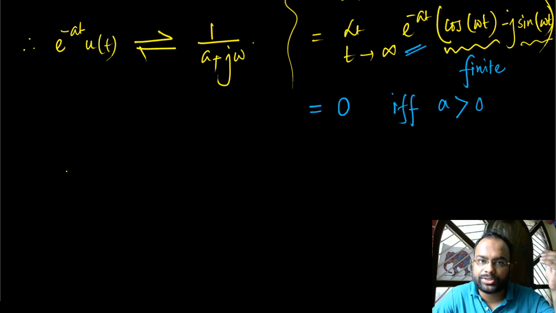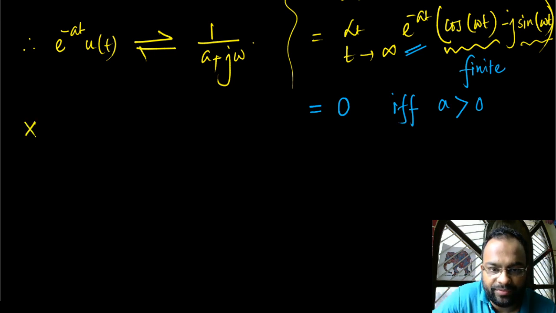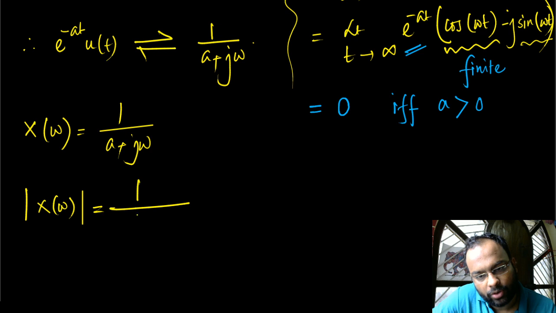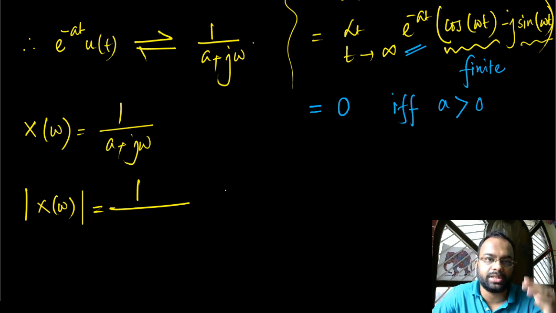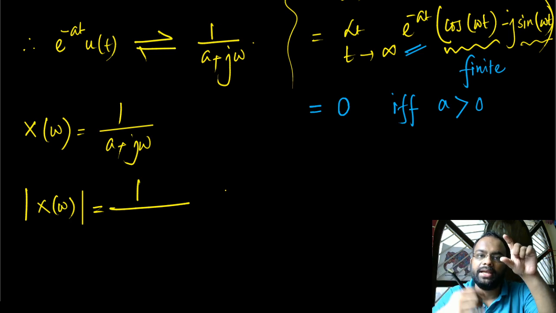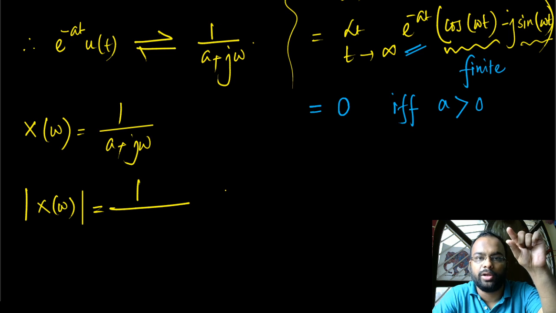Right. So let's try to figure out what frequency components this signal has. We have figured out that the Fourier transform is 1 by a plus j omega. Then what is the magnitude of that? It's a complex number, so let's calculate the magnitude. For complex numbers, if we have a ratio, then the modulus can be calculated as the individual moduli of the numerator and the denominator.